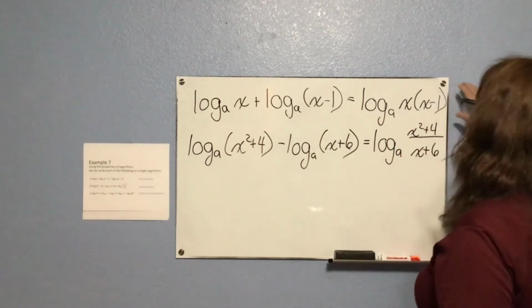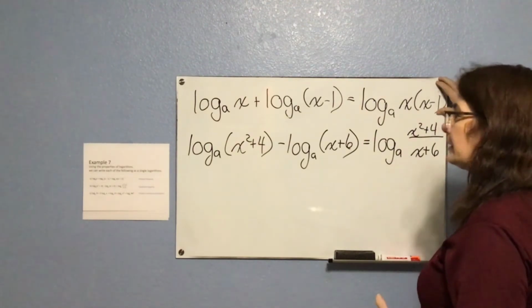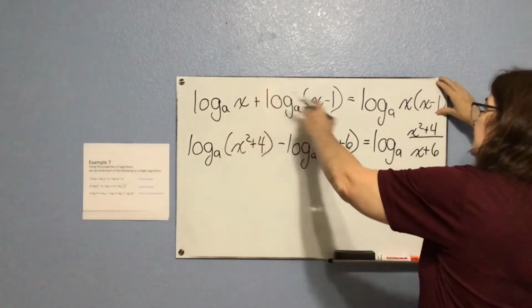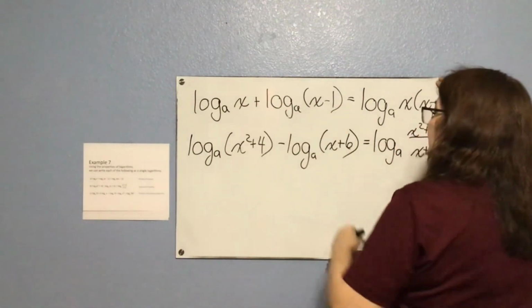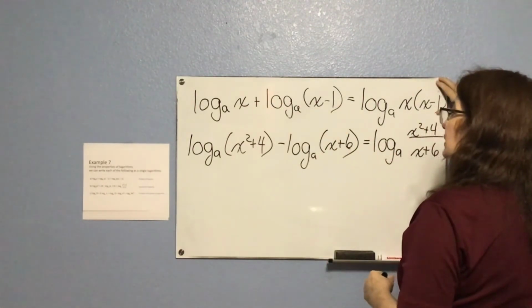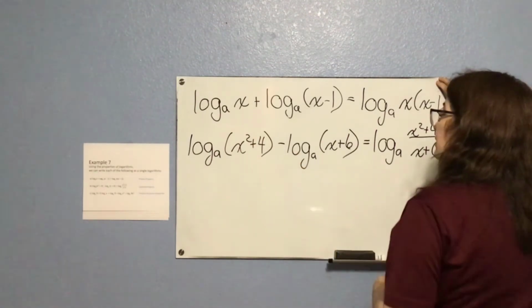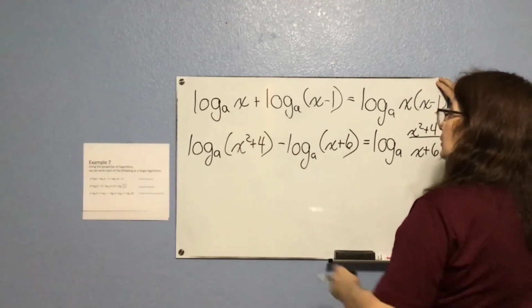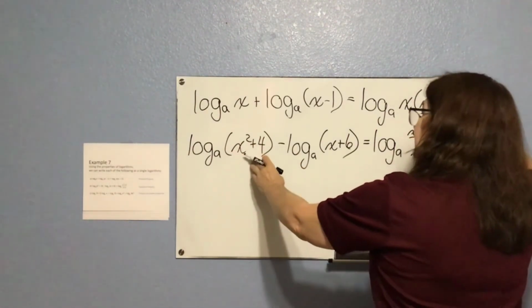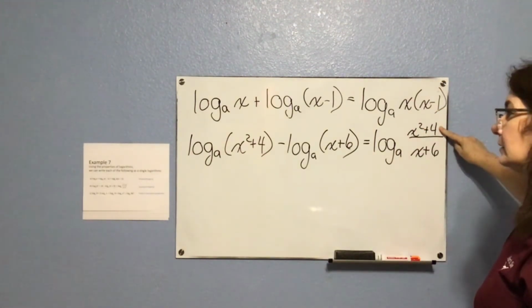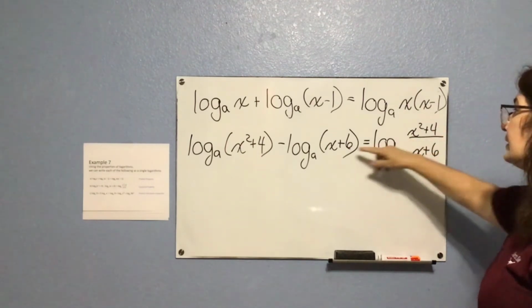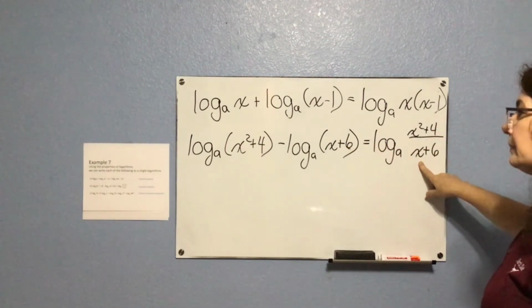Okay, and just like in other properties of math, addition, the order is not important. I could add one to the other either direction. Subtraction order is important. Whichever logarithm is listed first needs to be the numerator of my fraction. Okay, the second one is going to be the denominator.